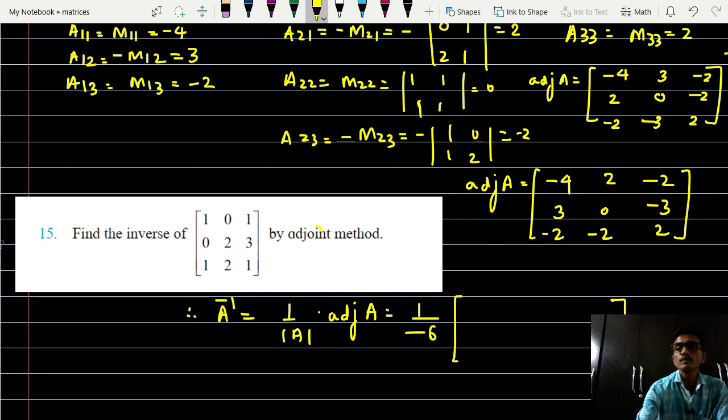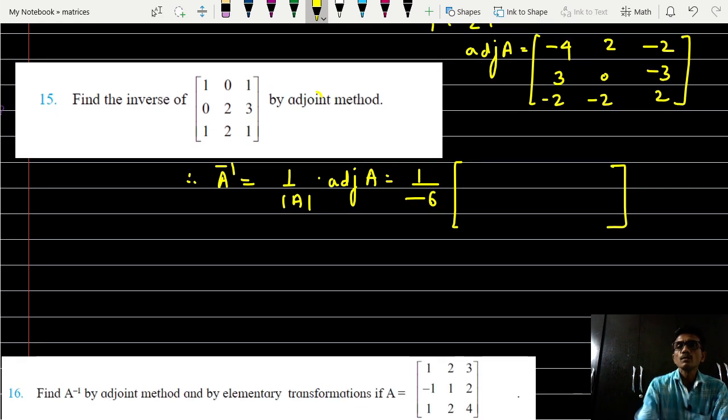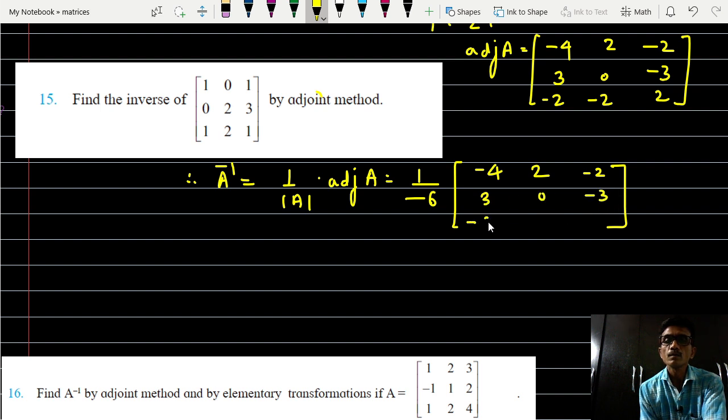What is the adjoint? Adjoint is this: -4, 3, -2, 2, 0, -2, -2, -3 and 2. So this is what inverse.